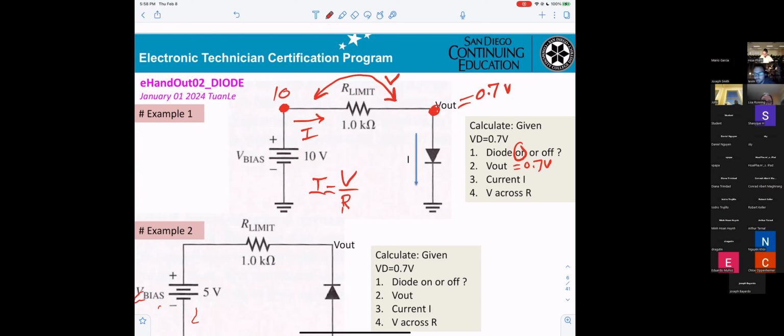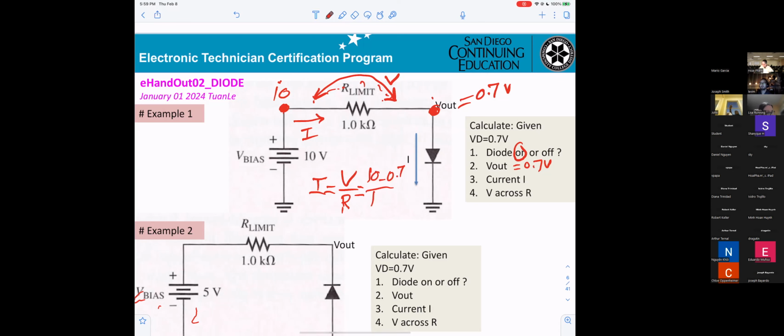That's perfect. The voltage here is the difference between this voltage and this voltage, and this voltage we already calculated as 0.7. So it will be 10 minus 0.7 divided by 1K. That's how you calculate the current I.